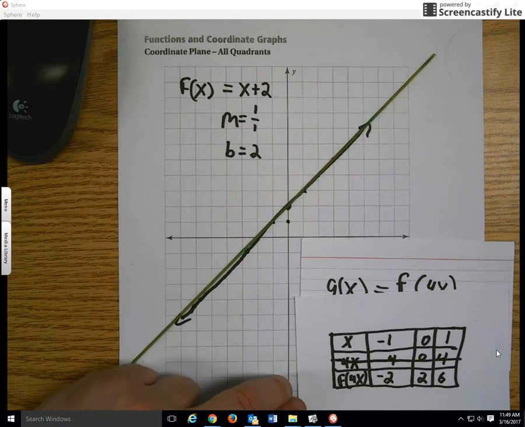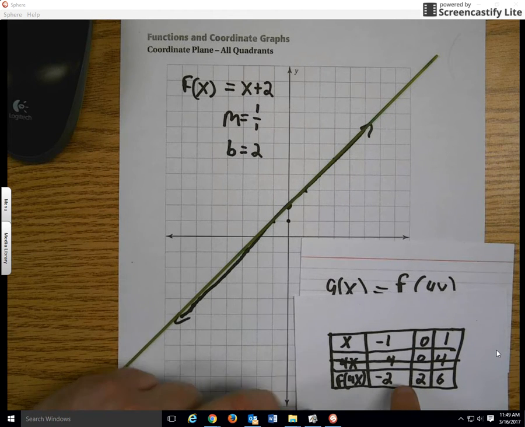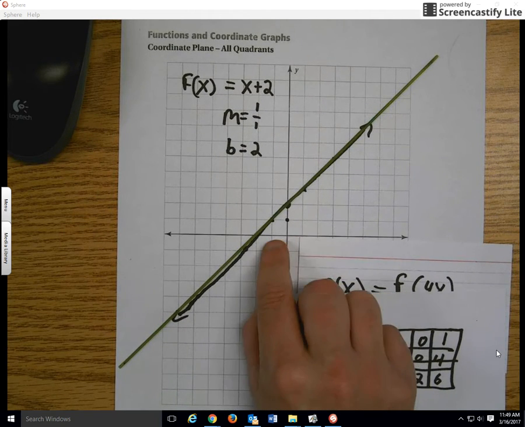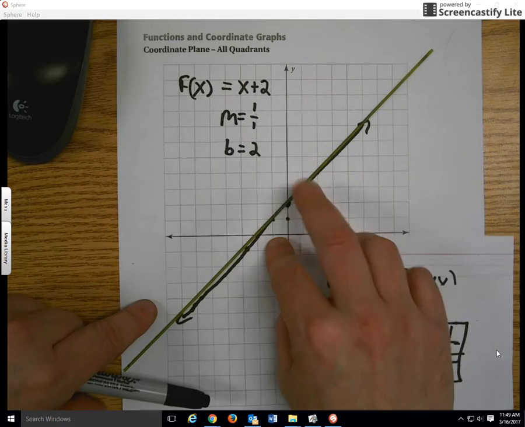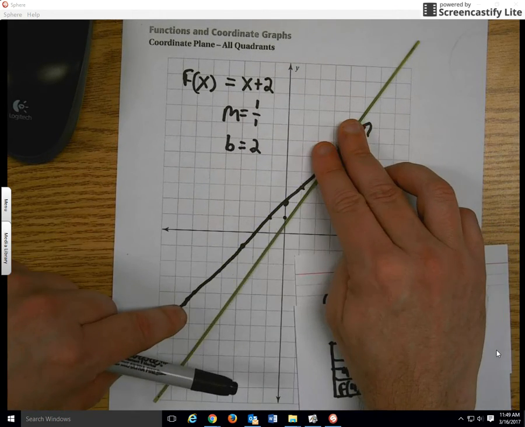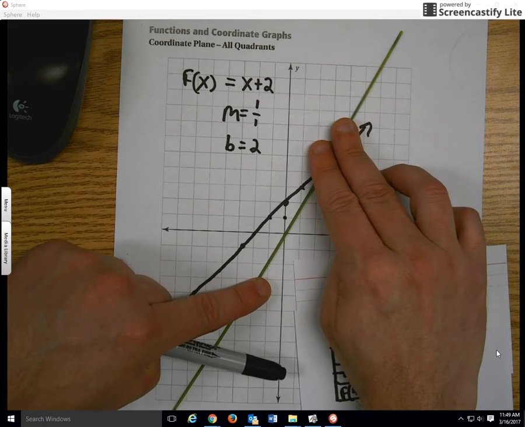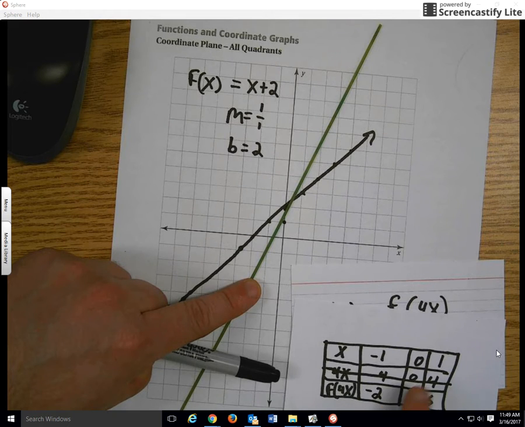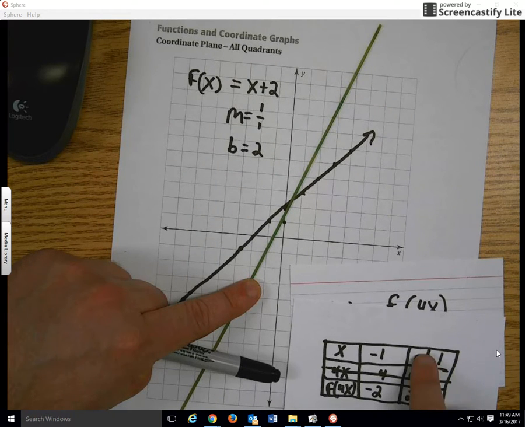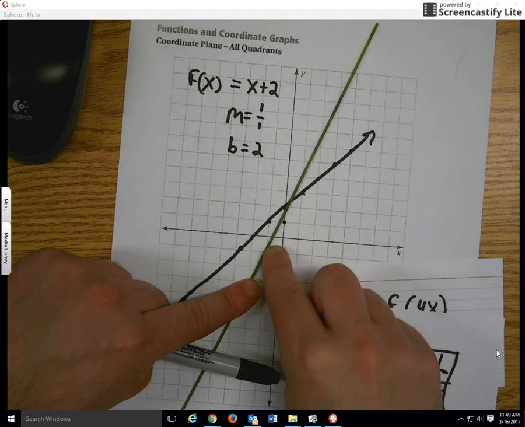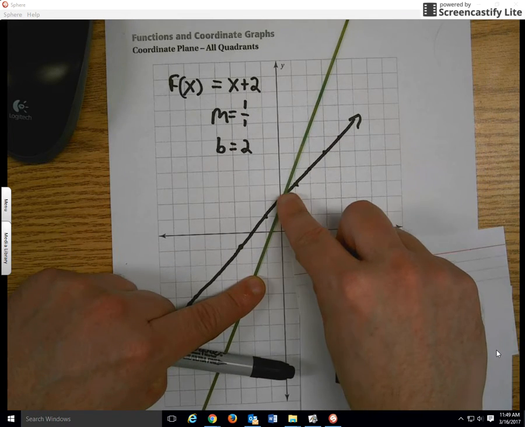So if x is -1, y, or f of 4x, would be -2. So if x is -1, the new line would have y at -2. I just go down 2. And if x were 0, y would be 2. That doesn't change, because remember, it's pivoting at this point on the y-axis.